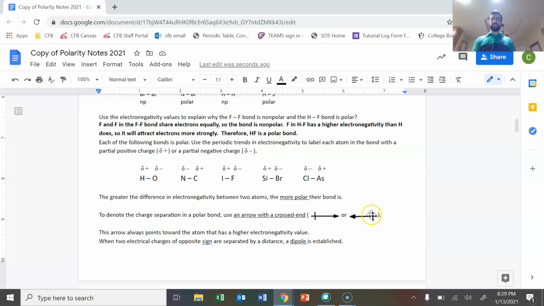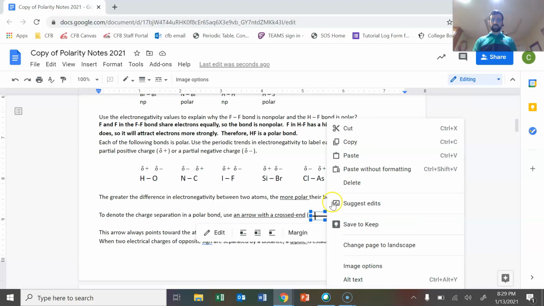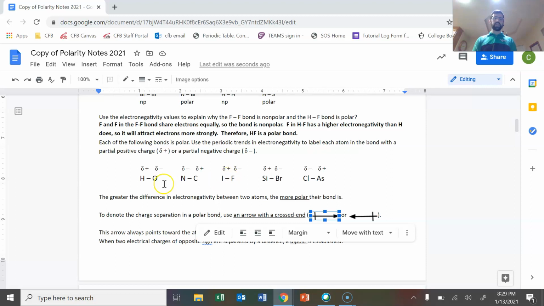So I've got two of these drawn out here. I'm just going to click it, and I'm going to right click and copy the image, and then I can paste it over here and drag it over to the spot that I need it to be. Okay, so with H and O, H is the positive side, O is the negative side.